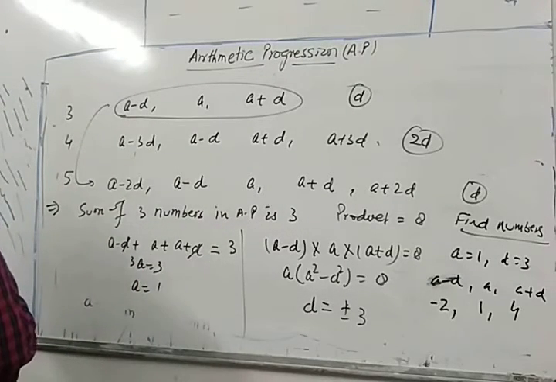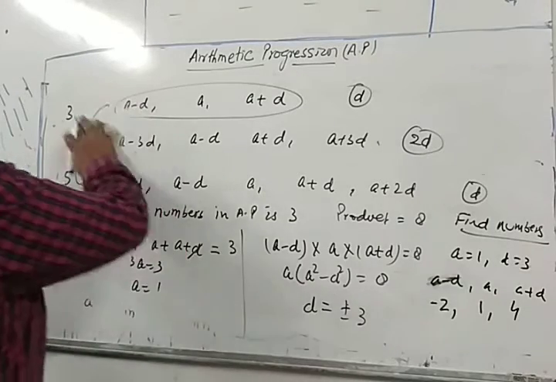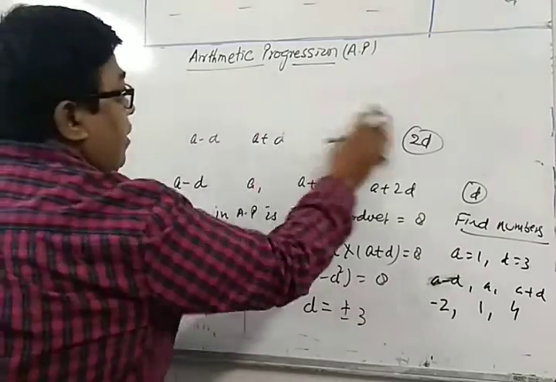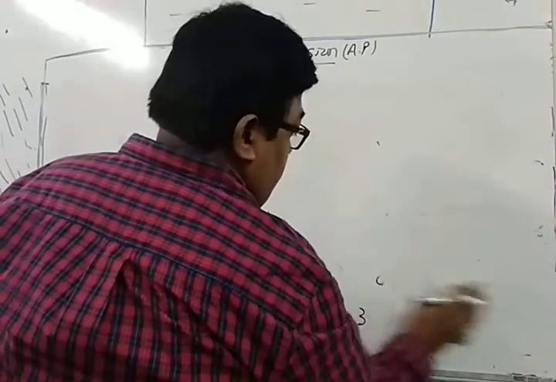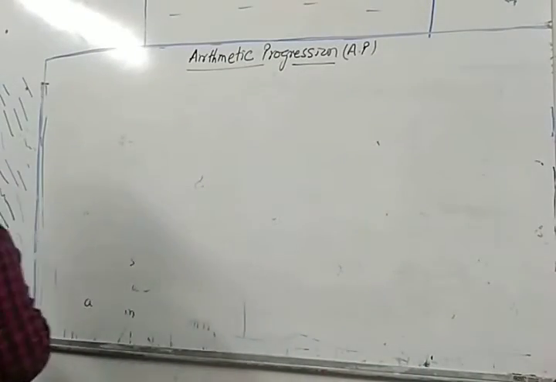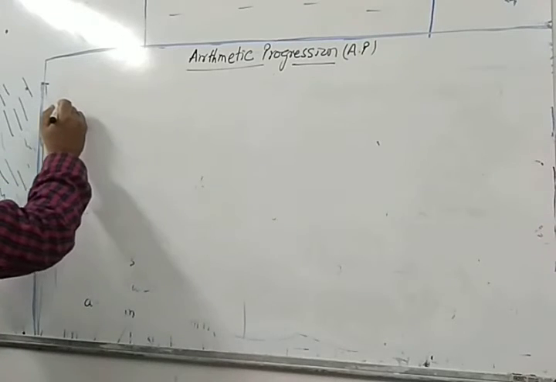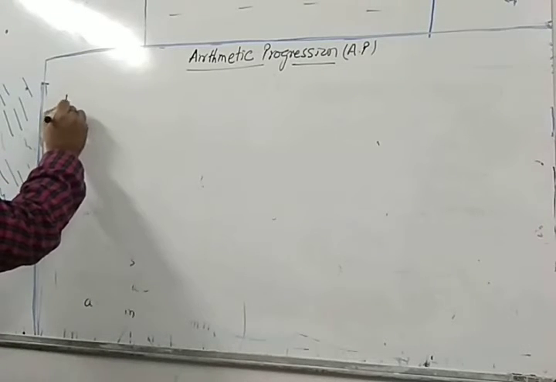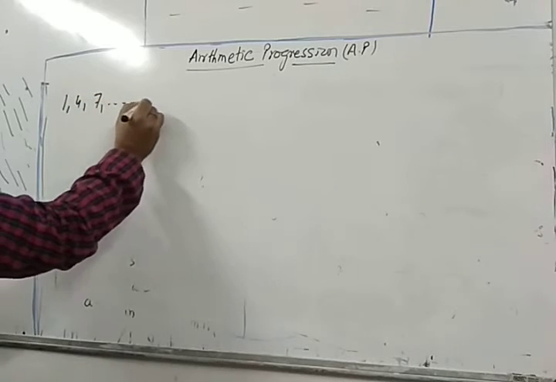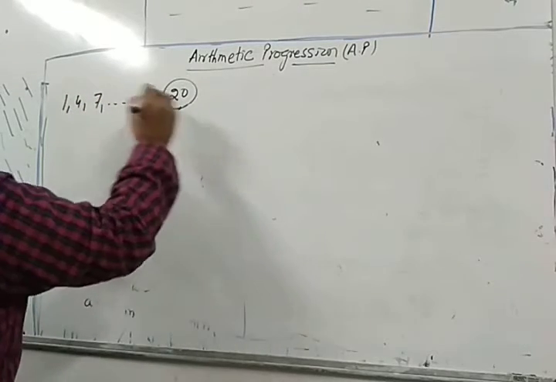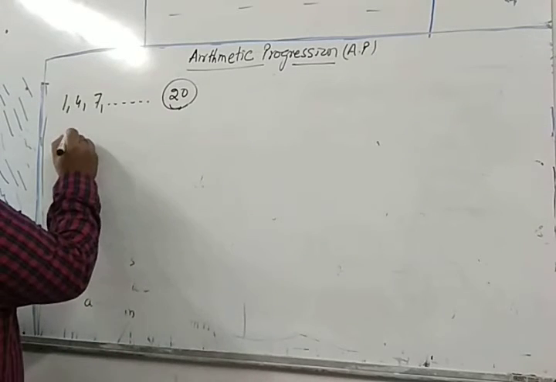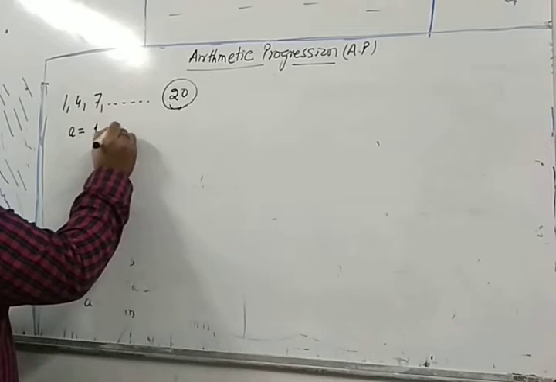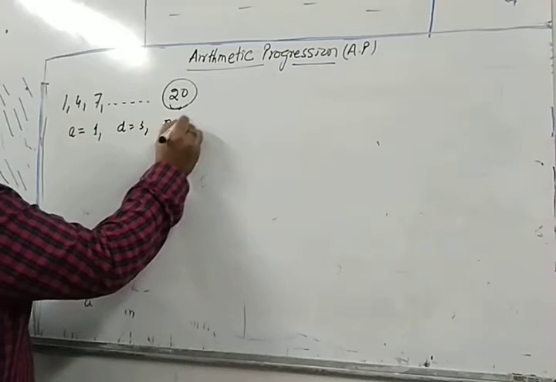Now I am taking another question on the sum of a series. A very simple question: the series is given as 1, 4, 7 and so on, and we are asked for the sum of the first 20 terms. Simply, a is equal to 1, d is equal to 3, n is equal to 20.